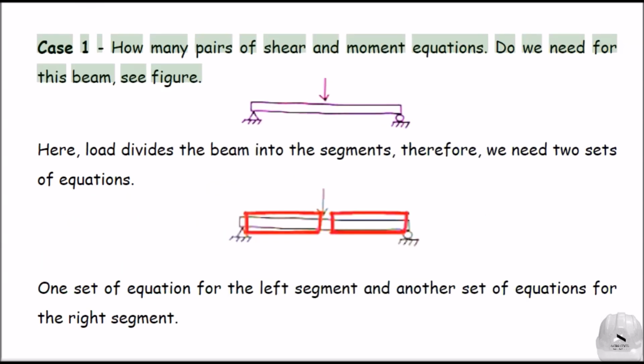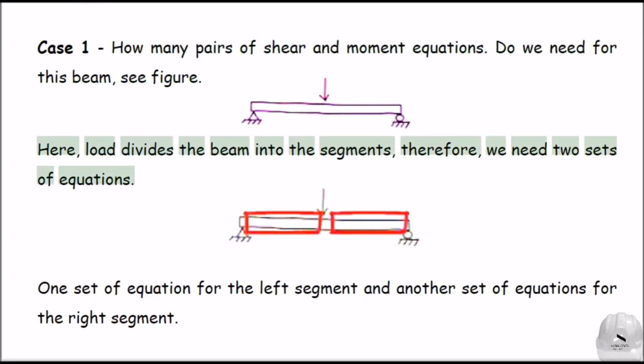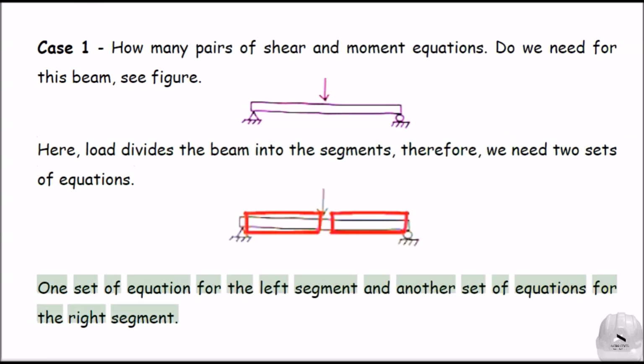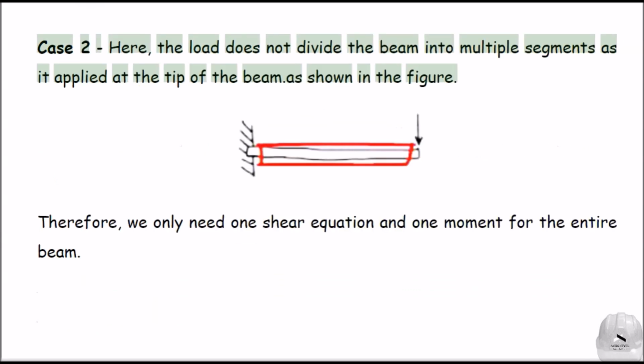Case 1, how many pairs of shear and moment equations do we need for this beam? See figure. Here, the load divides the beam into two segments, therefore we need two sets of equations, one set for the left segment and another set for the right segment.